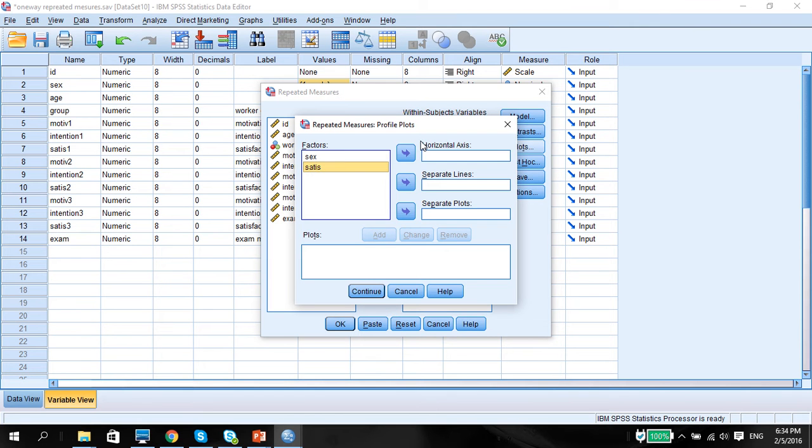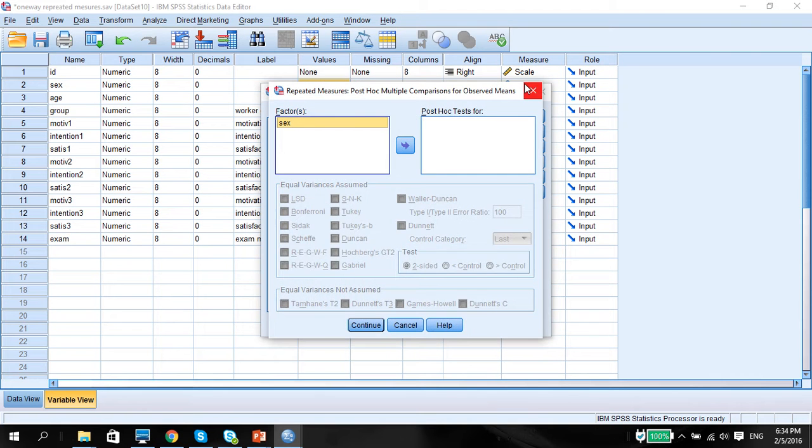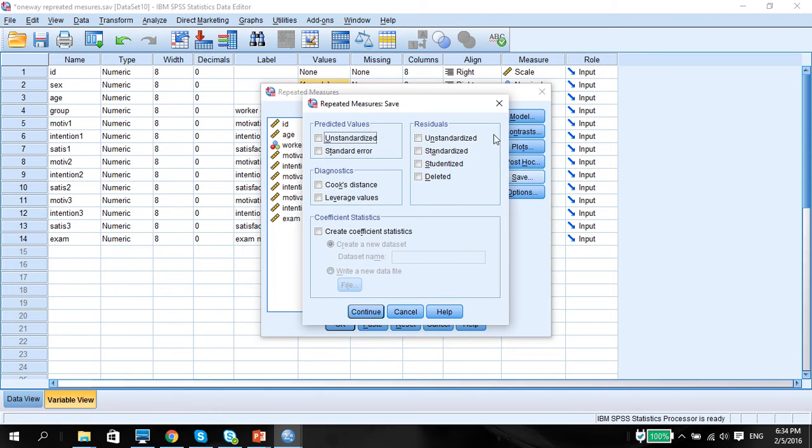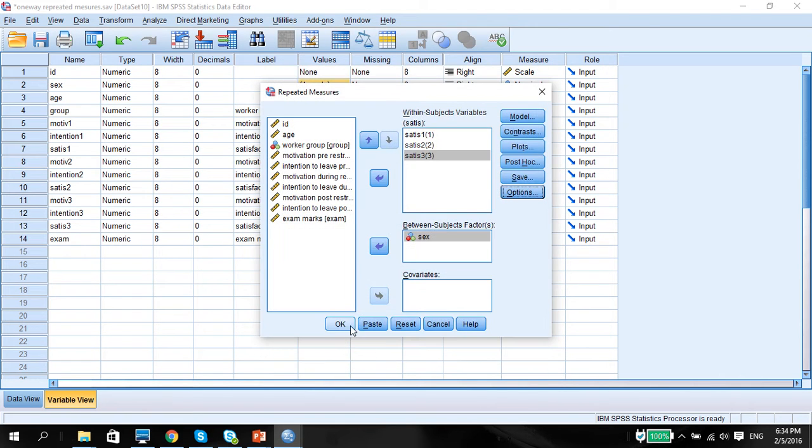Plots, we put the satisfaction level here with the sex as separate lines, and add. Post hoc, nothing there. Options, we're going to put in the options for all 3 to display means. Again, check on the homogeneity tests because we have sex now as a between factor.